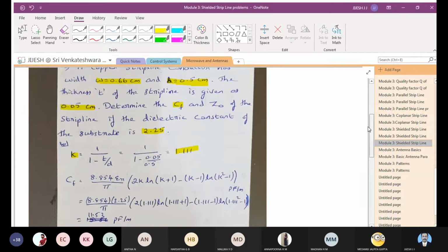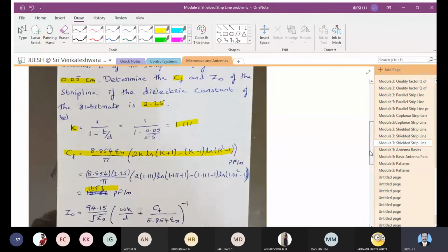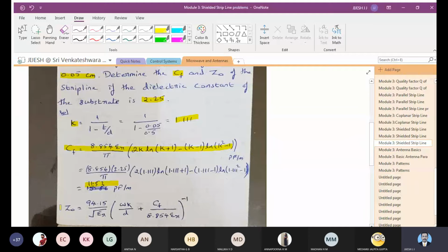CF. So you will get CF equal to 8.854 epsilon r by pi 2k ln k plus 1 minus k minus 1 ln k square minus 1, and you will get it as 11.53 picofarad per meter. Once you complete it, you have to go with Z0.